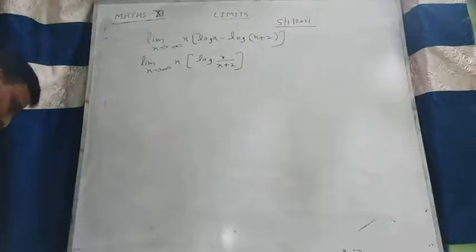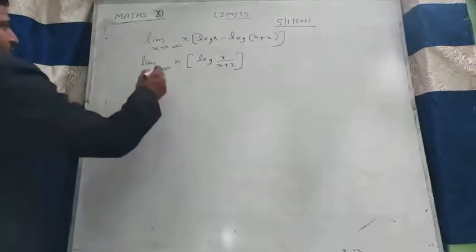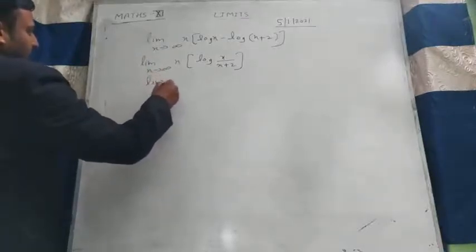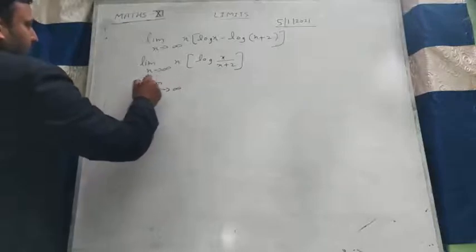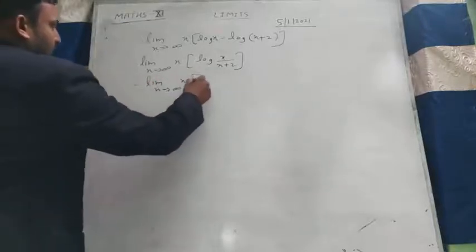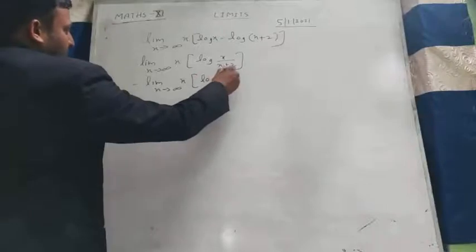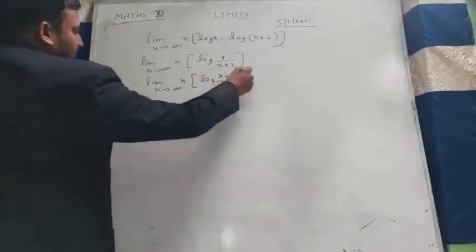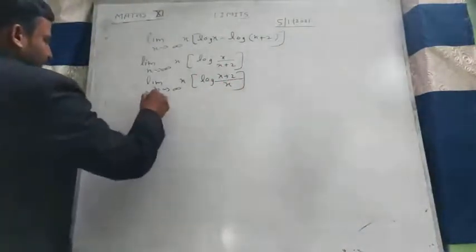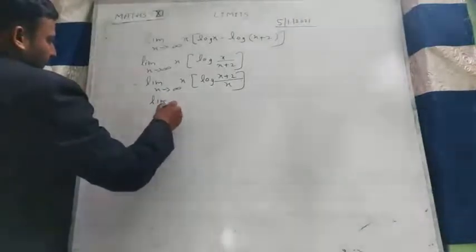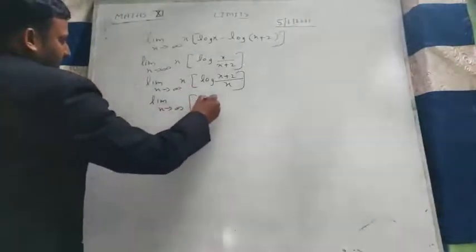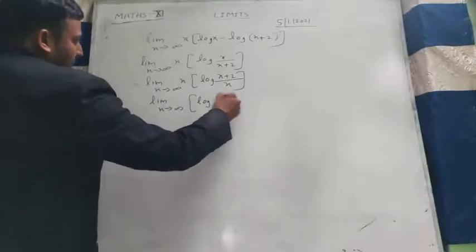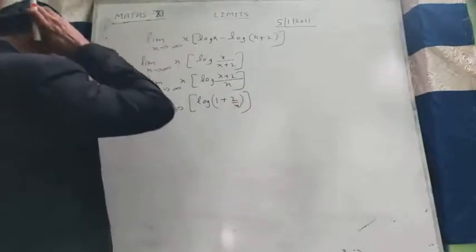Now taking the negative sign outside, the fraction is inverted and we get limit x tends to infinity of minus x log of x plus 2 by x. So we write limit x tends to infinity, this is log 1 plus 2 by x.